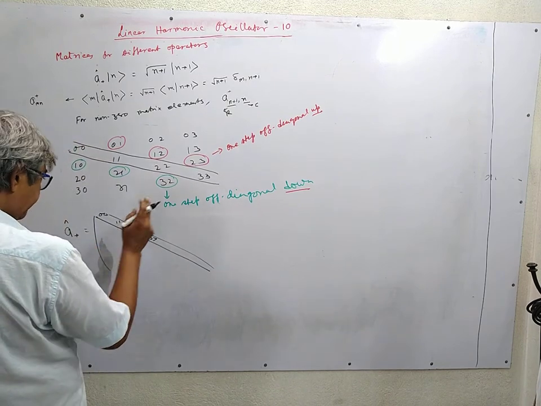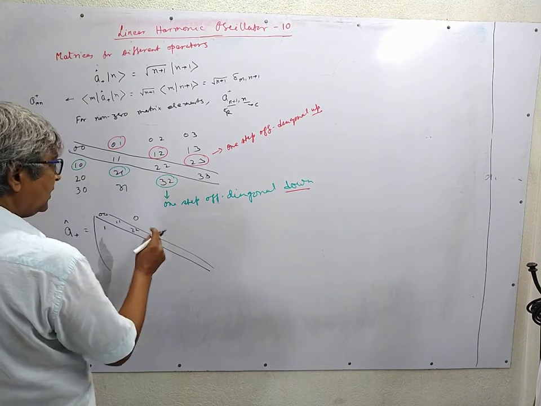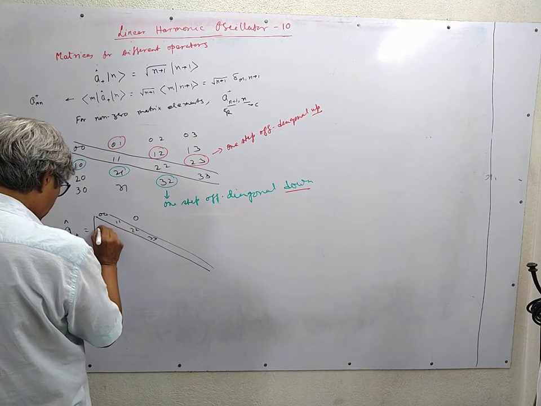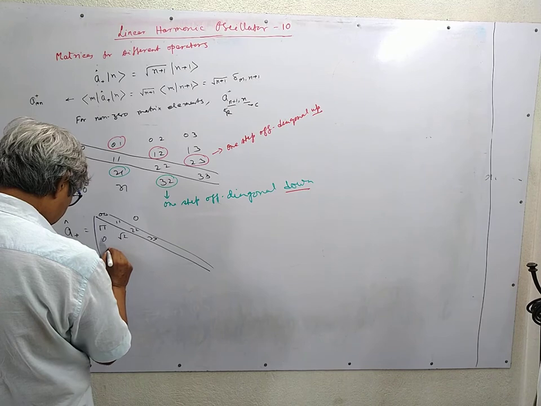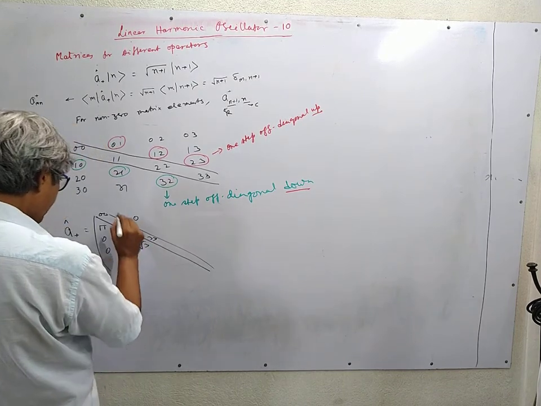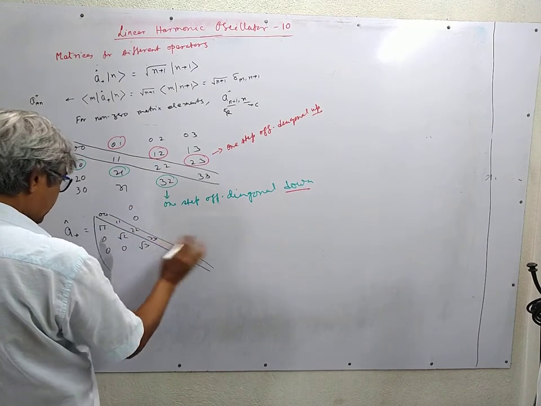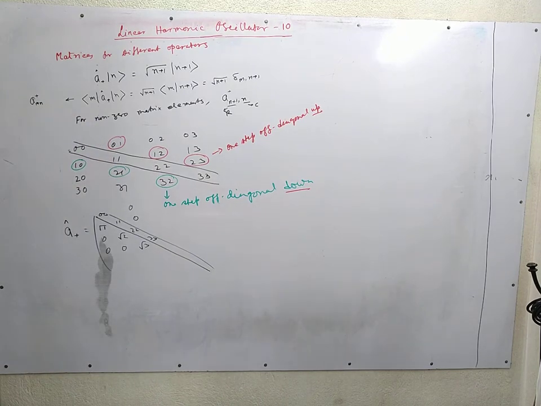Now we have 1, 0, then this is square root of 1, 0, square root of 2, 0, 0, square root of 3, and the rest are 0. This is the matrix element for A plus.